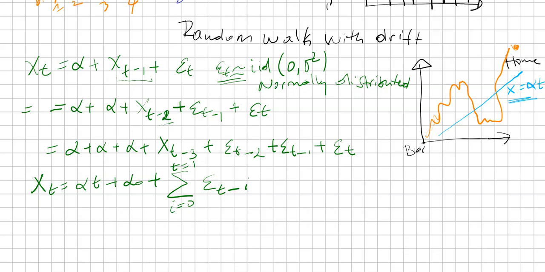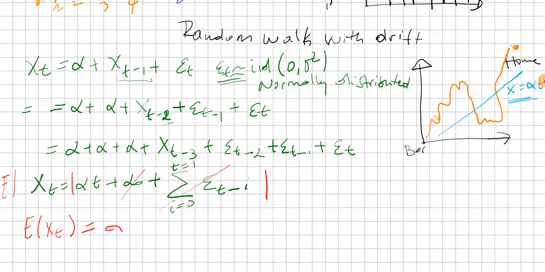And when we apply the expectation on both sides, the expectation of x_t, we remove the expectations of the constants, and the expectation of the summation of all the information is also assumed to be 0 because it is normally distributed.